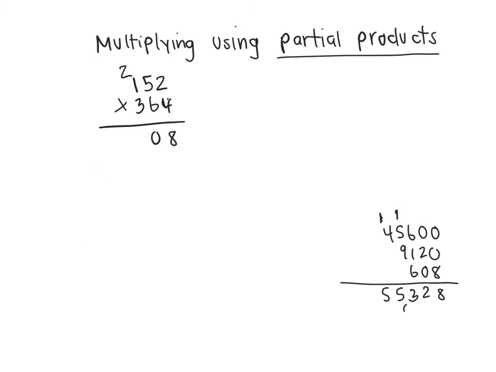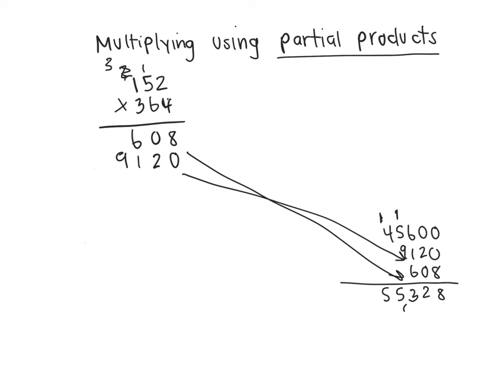And then 4 times 1 is 4, plus 2 is 6. So 608. There that is. Then I would put my 0 down and I would do the same thing here. 6 times 2 is 12. 5 times 6 is 30, plus 1 is 31. And then 6 times 1 is 6, plus 3 is 9. And that is that column right there.